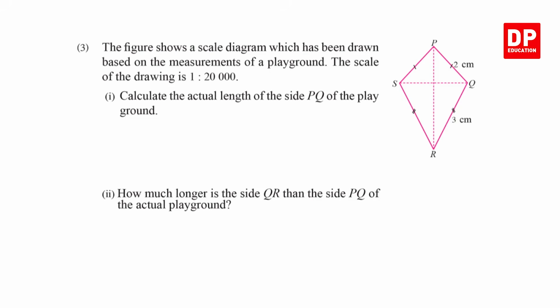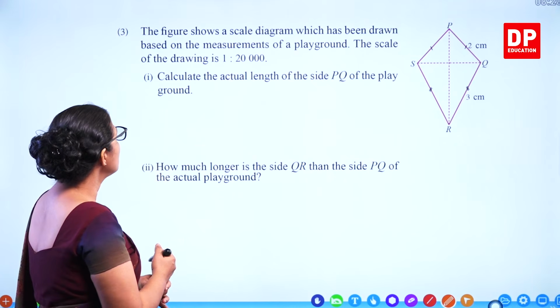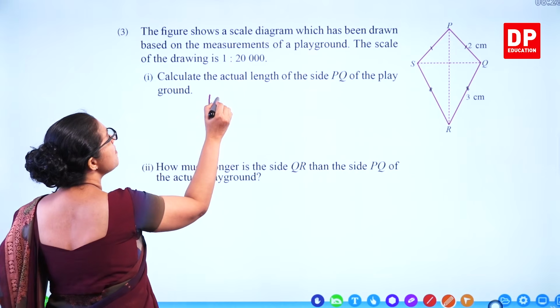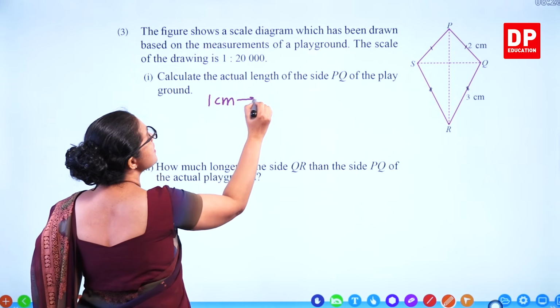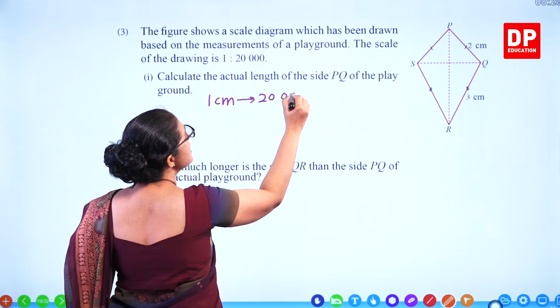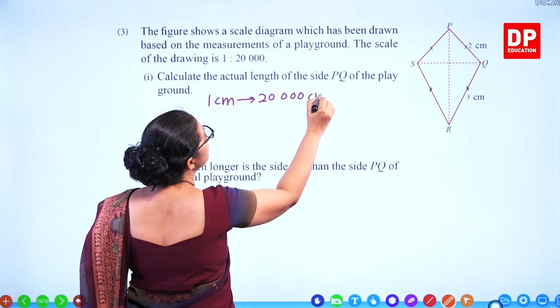The figure shows a scale diagram which has been drawn based on the measurements of a playground. The scale of the drawing is 1 to 20,000. Calculate the actual length of the side PQ of the playground. So first 1 centimeter represent 20,000 centimeters. That's the scale.